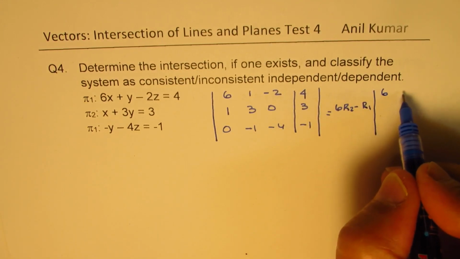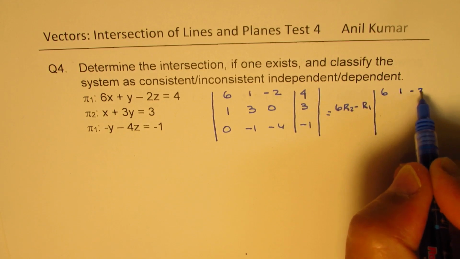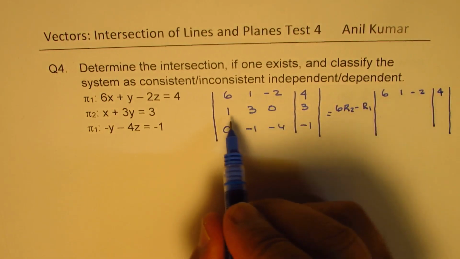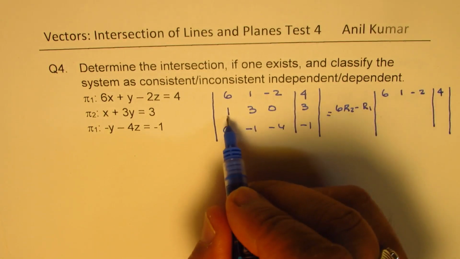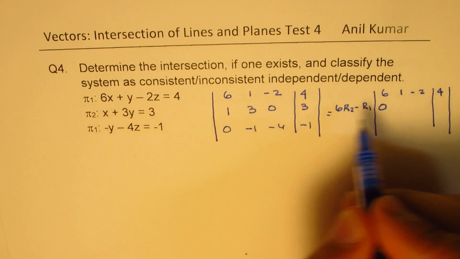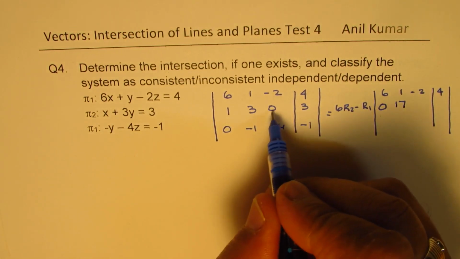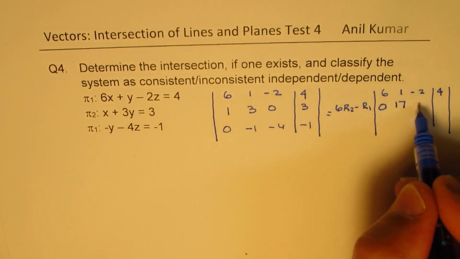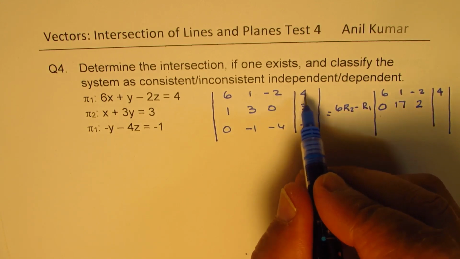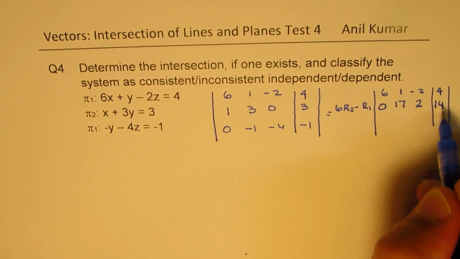So just copy R1 as such, which is 6, 1, minus 2, 4. And here, 6 times 1 is 6, taking away, we get 0. 6 times 3 is 18, taking away 1 gives us 17. 6 times 0, so that taking away will give us plus 2. 6 times 3 is 18, taking away 4 is 14.